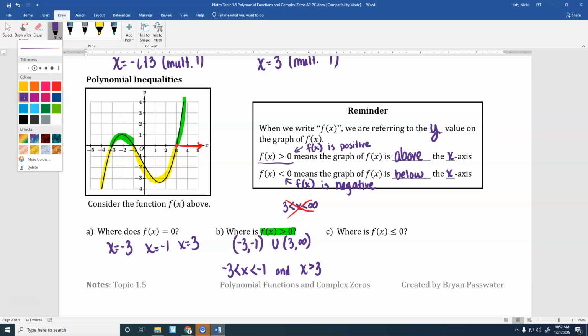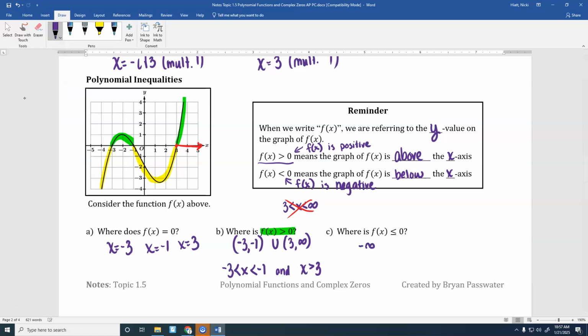Now I said use brackets, but can I use a bracket with a negative infinity? I cannot. You can never actually get to positive or negative infinity, so don't ever use a bracket with an infinity. That will be a parentheses. We'll do negative infinity up to negative 3. You will use a bracket here. And then you would have from negative 1 to 3.